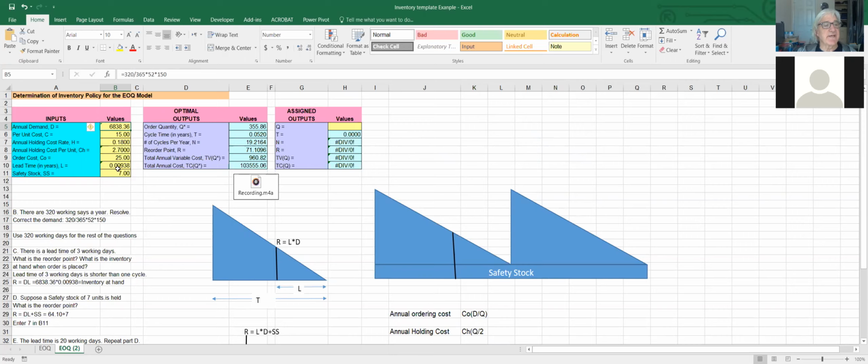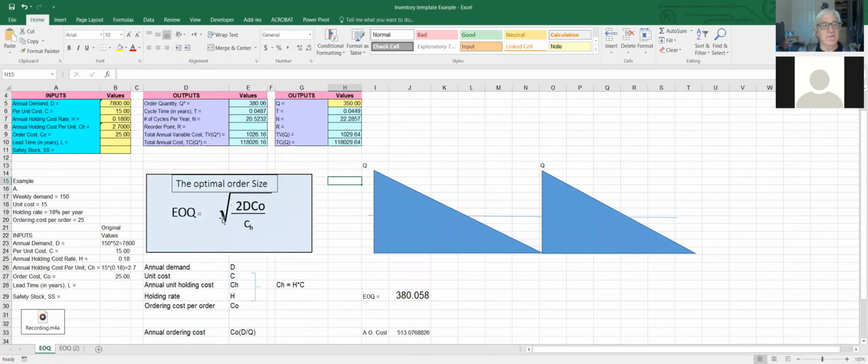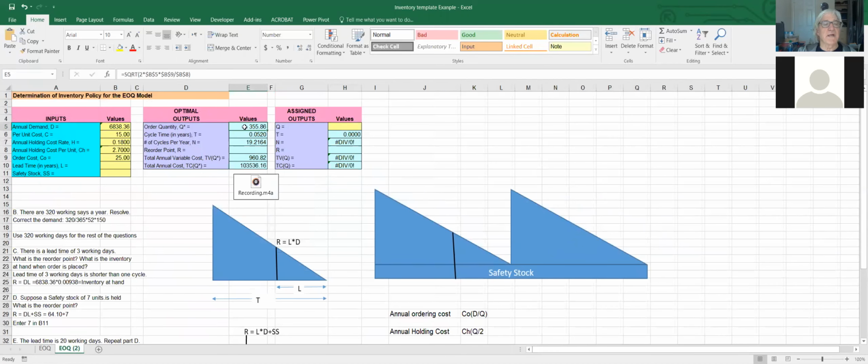Everything is the same. We don't need these two yet because we didn't talk about it yet. You see that EOQ now is affected because EOQ is dependent on the demand. EOQ is dependent on D, and D became smaller. So EOQ becomes smaller.